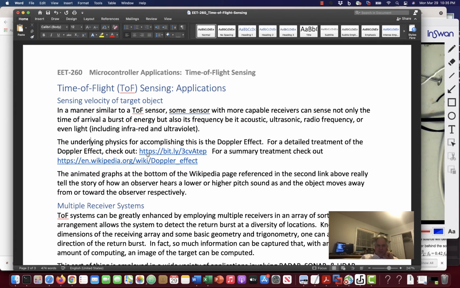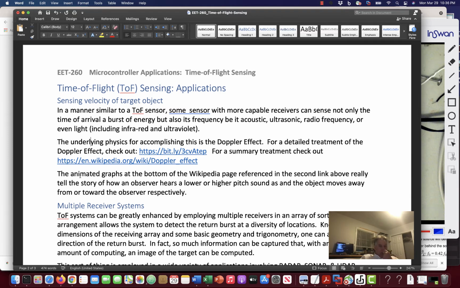This is when a train goes by and you get that sound, or the same thing on a race car dragway. The apparent pitch of the sound increases as it's coming toward you, then it drops as it's going away.